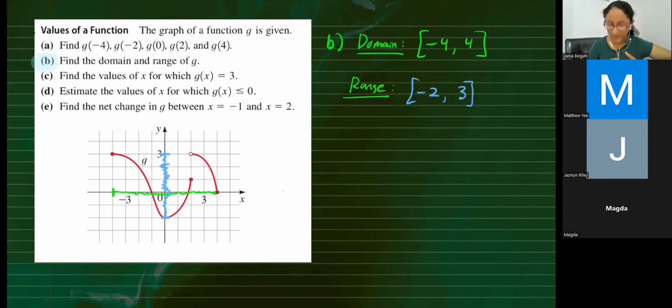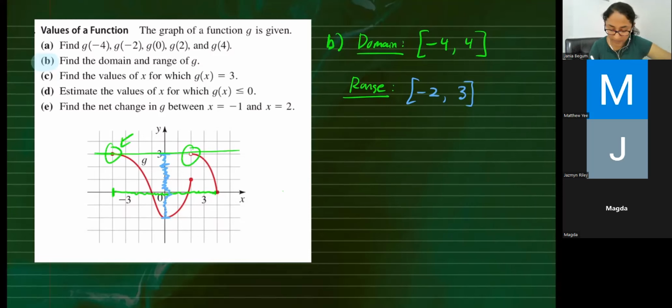So let me know if that makes sense. I'm sorry, but can you go over how it would be closed again? So you see how for range you're looking at the y values. So once you get to 3, now you have to make a choice. This one closes, this one open. You have to go with where it closes.